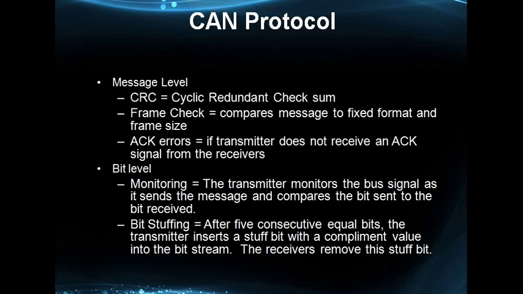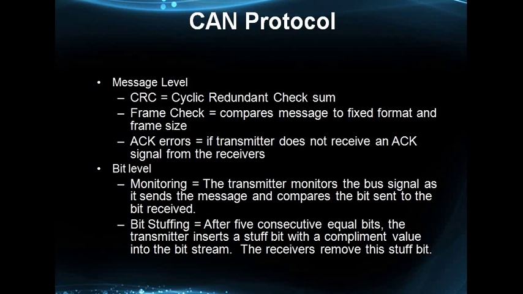The CRC sequence is calculated from the start of frame till the data bytes. A 15-bit CRC sequence is sent by the transmitter, and that is checked again at the receiving end. Whichever node receives it uses the same polynomial to check the CRC. If it doesn't match, it will generate an error frame. That is termed a CRC error.